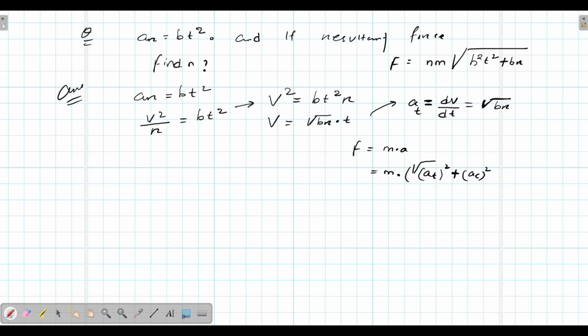Tangential is root over of b r. Centripetal is V square divided by R.